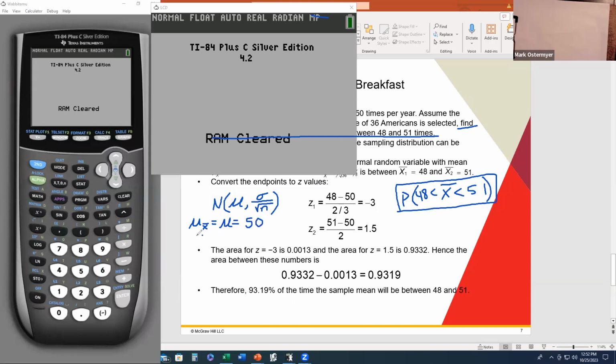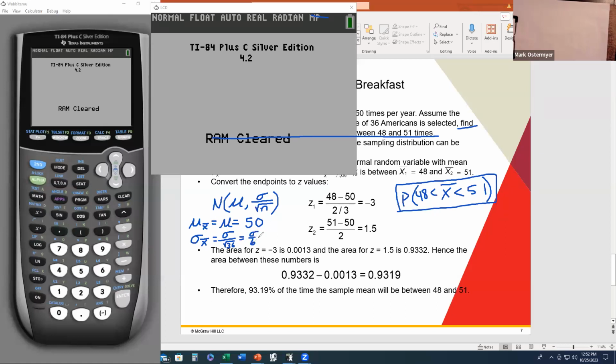What's going to be our standard deviation, or standard error, of this sampling distribution of sample means of size 36? That's going to be equal to the population standard deviation divided by the square root of 36, because our sample size was 36. So this is going to be our population standard deviation divided by 6.